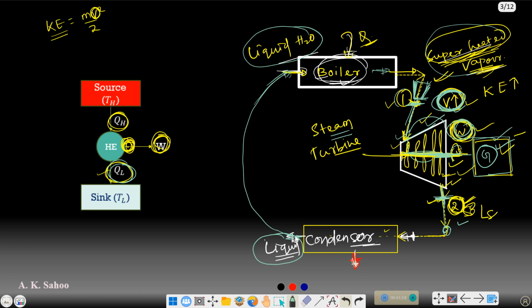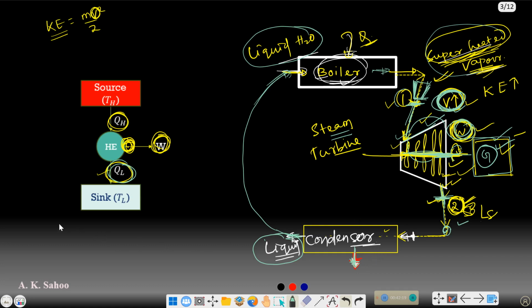In this case, what we have done is simply extract the heat. We have not increased or decreased the pressure or the temperature. We have simply rejected heat from the steam to the ambient at a constant temperature.